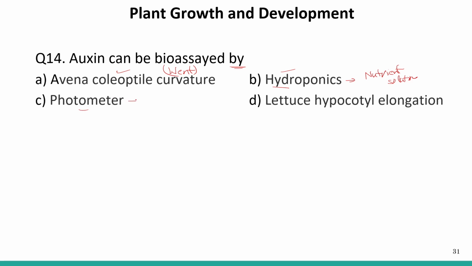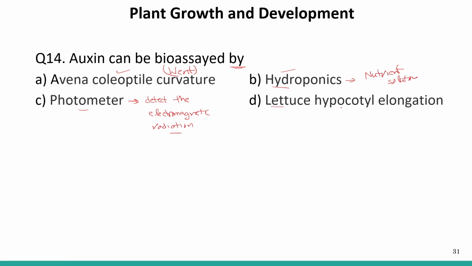A photometer is for the detection of electromagnetic radiation, from ultraviolet to infrared, including the visible spectrum also.